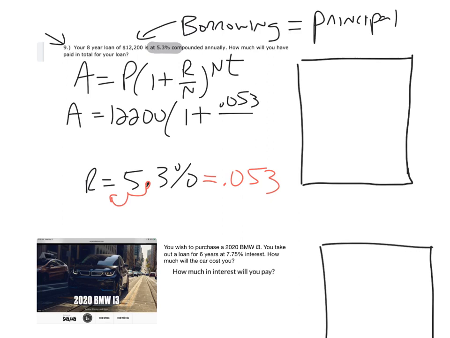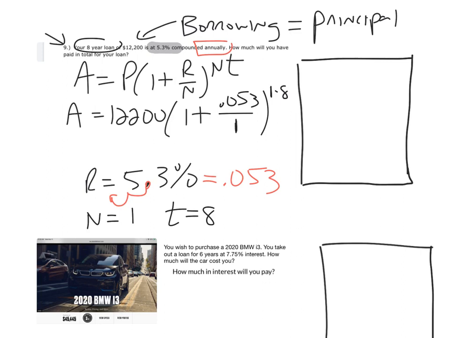Now, here it says it's compounded annually. Annually means that it happens once a year. So even though you're going to be paying your interest and paying your loan every month, we're going to use N as 1 for annually. Raised to the n times t. Well, N is 1. Here it says you're taking out an 8-year loan, so T is going to be 8.